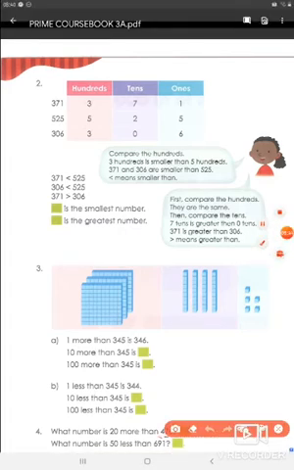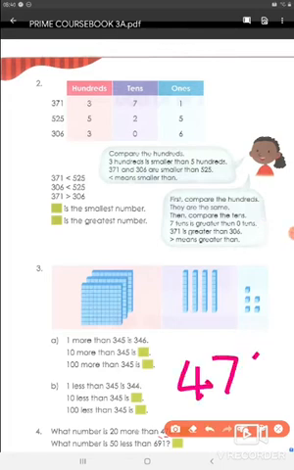The 4, the 7, or the 6? 476. We're going to add to the 7 because that is our tens. 2 tens plus 7 tens is 9. So our answer there is 496. And then we have the next one.